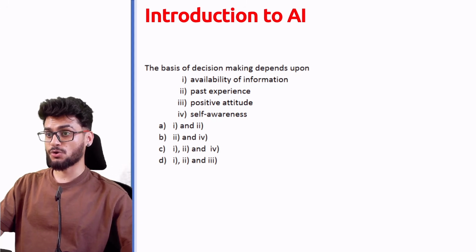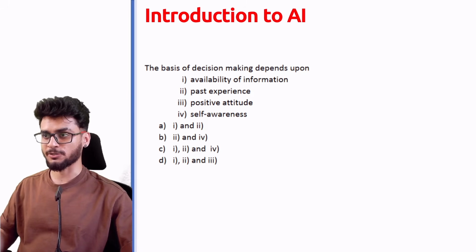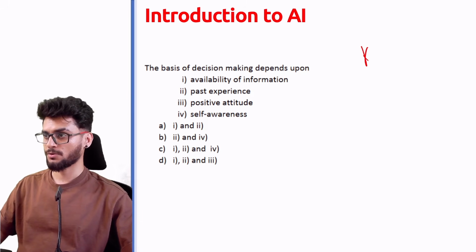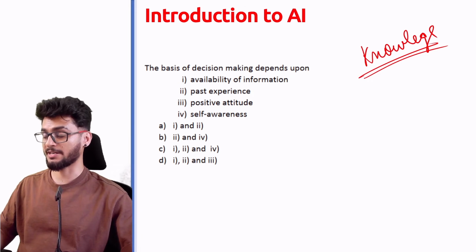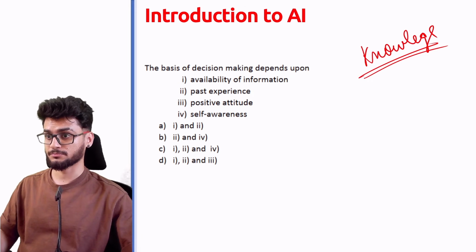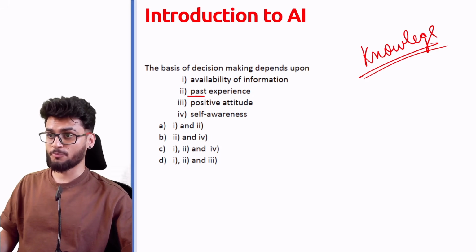The basis of decision making depends upon availability of information. आप decisions कैसे लेते हो? You need to know the knowledge behind it, the information behind it. Past experience, positive attitude, and self-awareness. Obviously, past experience is also necessary.